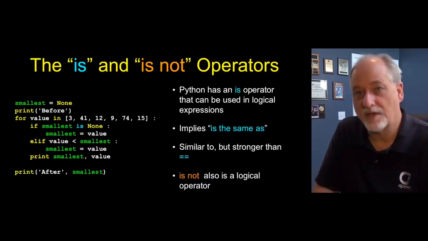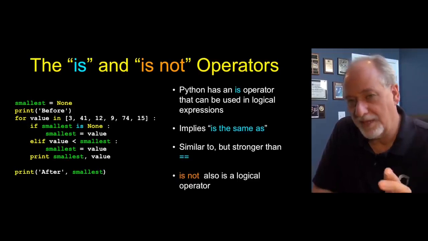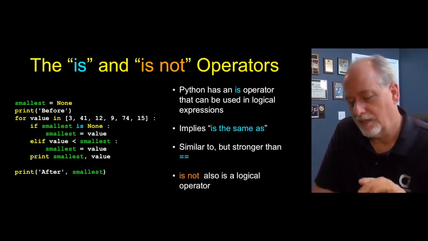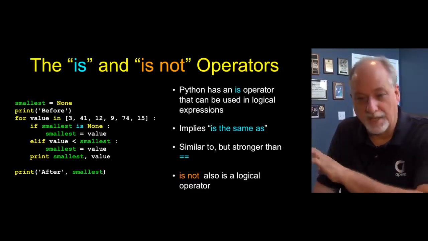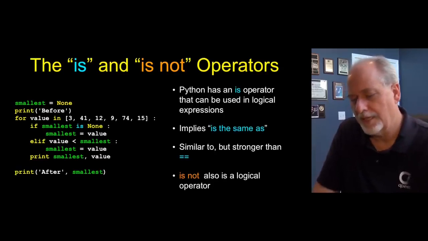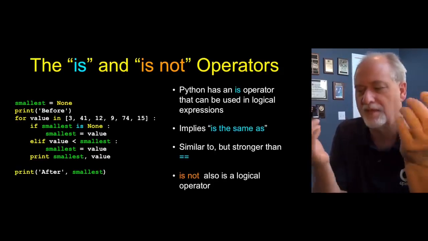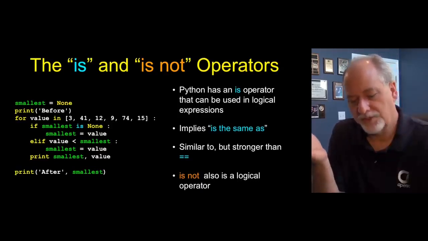So the is and is not operators are very useful in Python. You can think of them as like the double equal sign. They're asking a question, and they return a true or a false. Is is stronger. Double equal says, are these things equal in value?